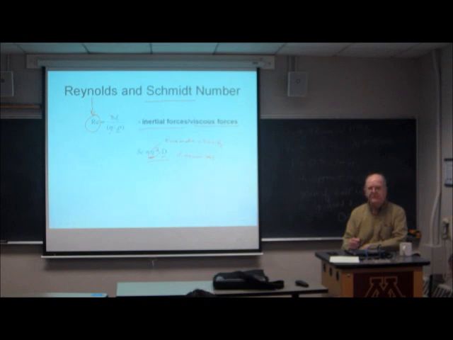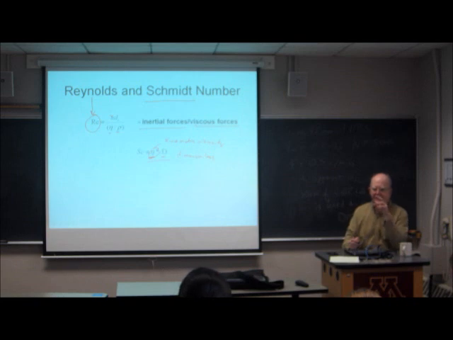Turns out that Schmidt numbers in liquids are a lot bigger than Schmidt numbers in gases, because diffusion is 4 or 5 orders of magnitude smaller in liquids than in gases, and viscosity, as I just indicated to you, is about a factor of 100 lower in gases than in liquids. So these run on the order of 1,000 for a liquid and on the order of 10 for common gases. But it's an important difference in their properties.